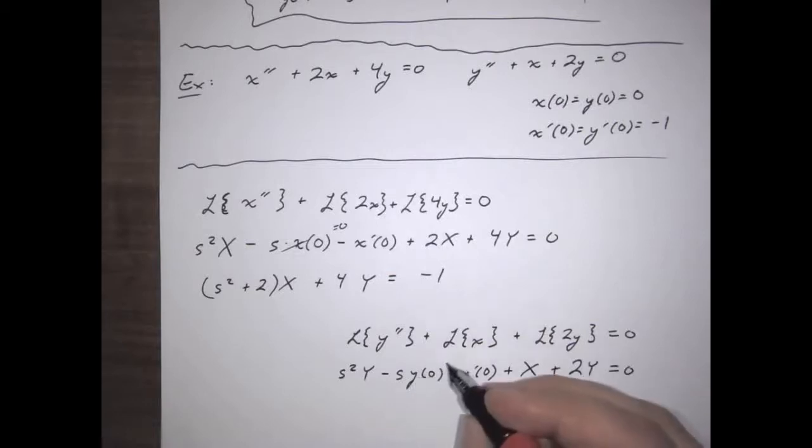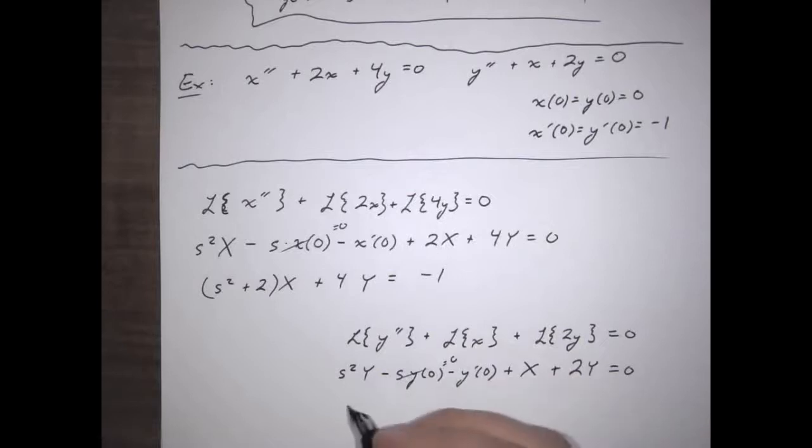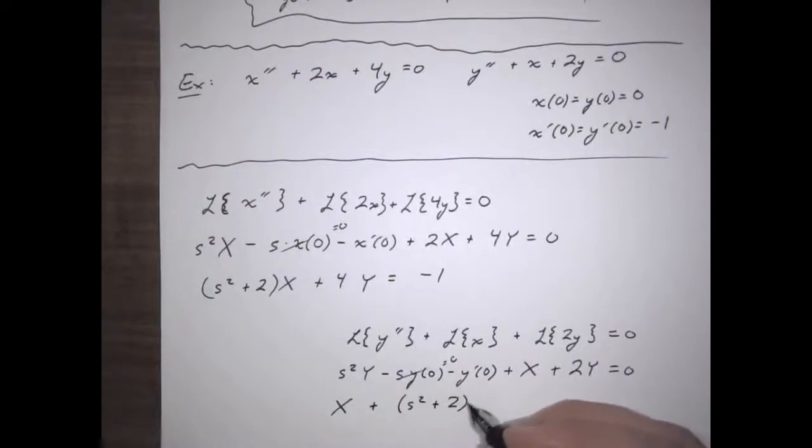So again, that's not going to matter because of the initial condition. So combining the things, we're going to have X plus s squared plus 2 times capital Y, and this one is going to equal, again, -1.